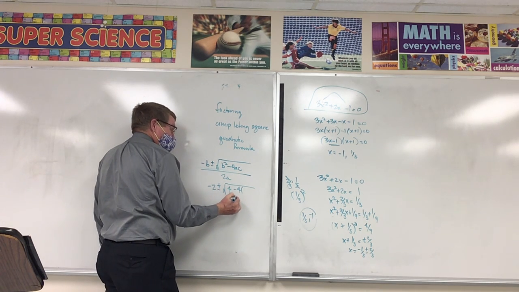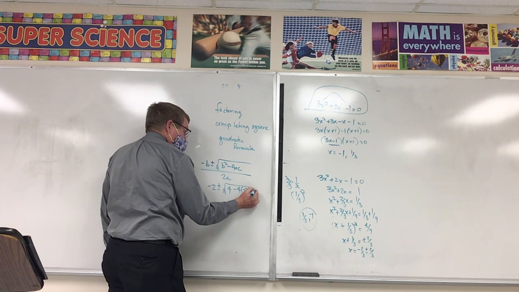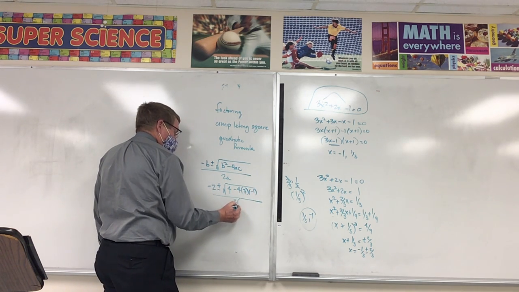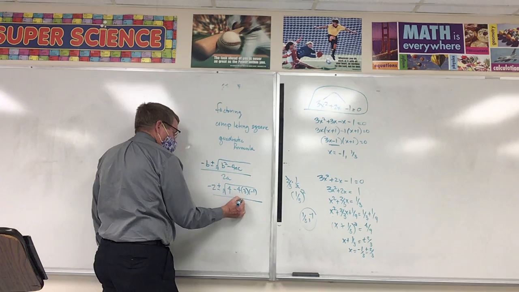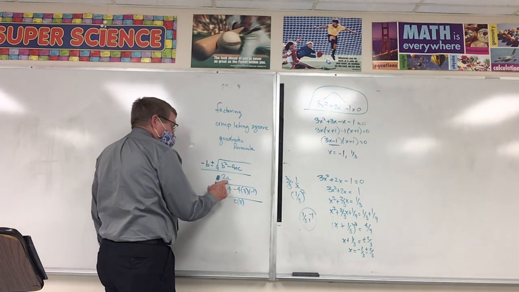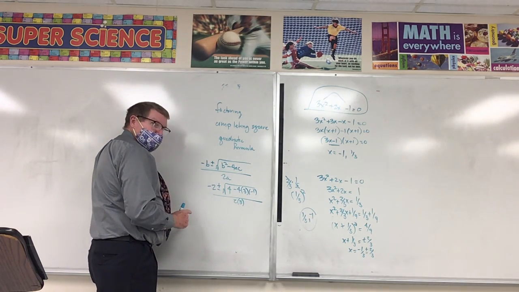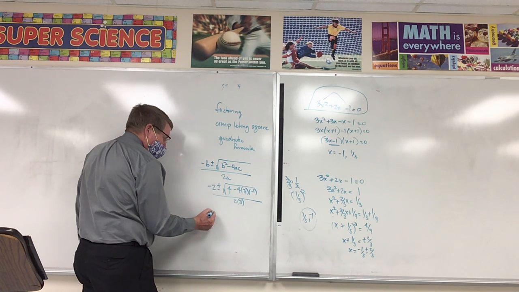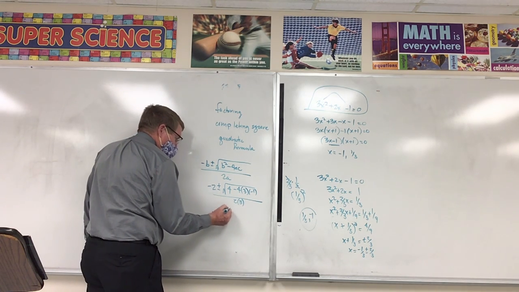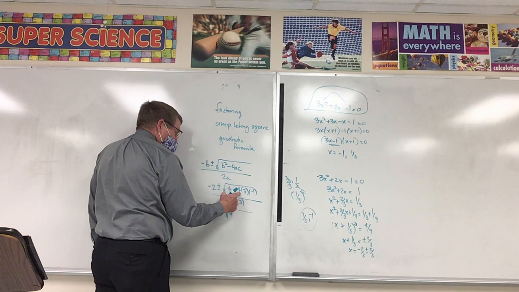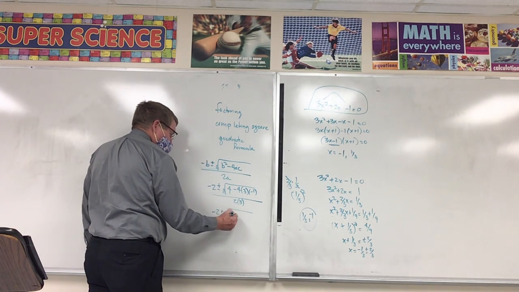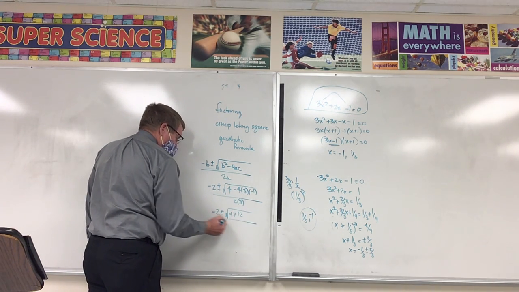My a is, my c is, 2 times 3, right? Yes? Negative 2 plus or minus 4 times negative 1 times 3 is 12 over 6.